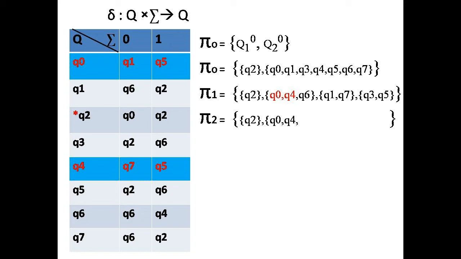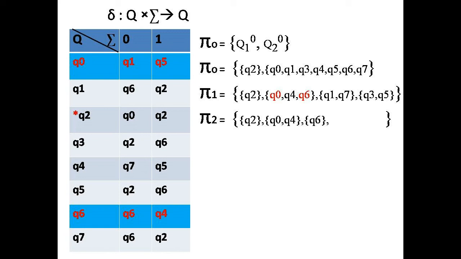For Q0, Q4 on 0 input symbol, the entries are Q1 and Q7. Q1 and Q7 are in the same set in pi 1 equivalence. On 1 input symbol, the Q0 and Q4 entries are Q5, Q5. The Q5s are in the same set in pi 1 equivalence. Therefore, we create a new set Q0, Q4.